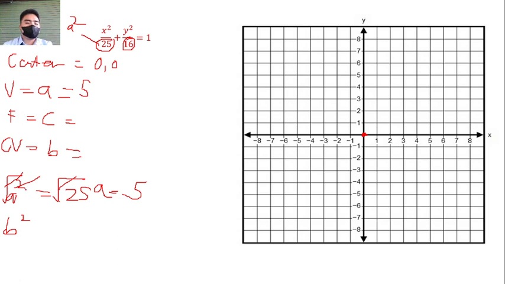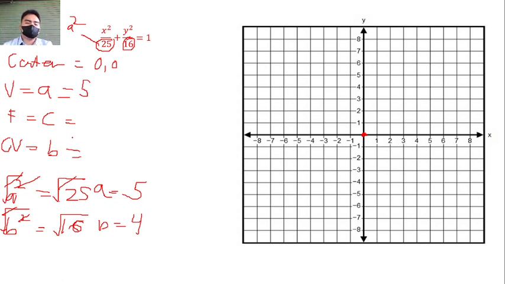Then, how about for b? B squared is equal to 16. And in order for us to get the b, we are going to get the square root of both sides. So in that case, b squared will become b, and the square root of 16 is simply 4.